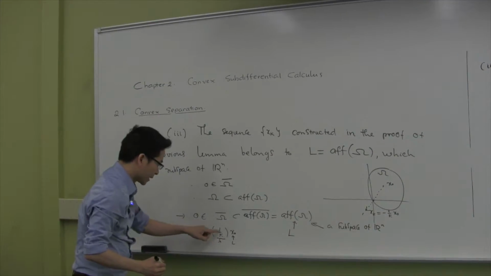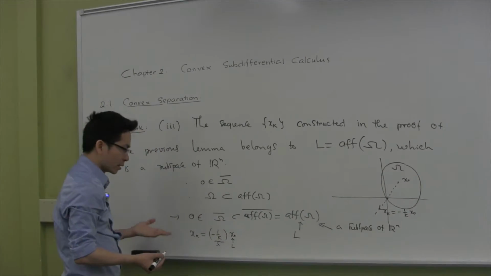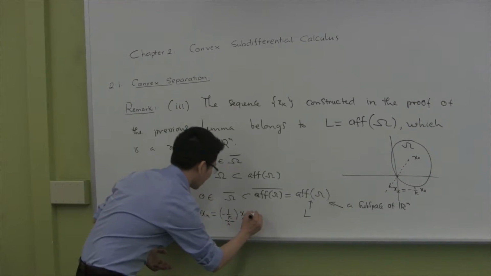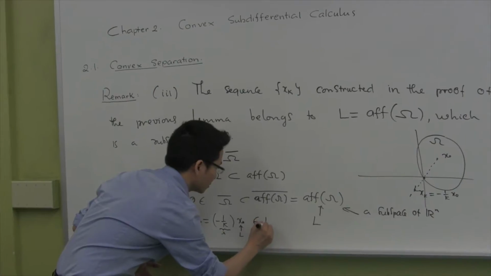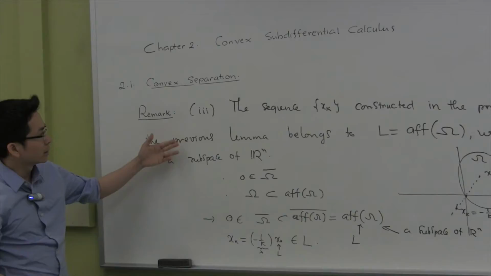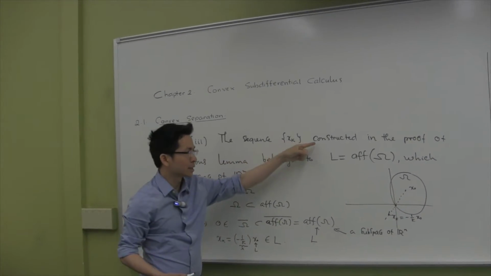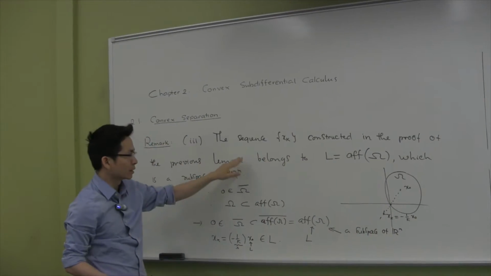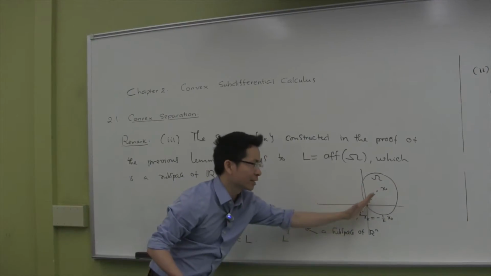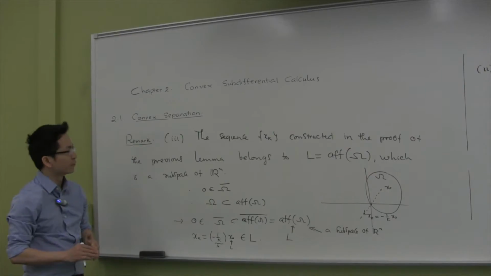Therefore, xk is lambda times x0. Because L here is a subspace, xk here belongs to L. So we have proved that the sequence xk constructed in the proof of the previous lemma belongs to the affine set generated by omega, and L is a subspace of Rn.